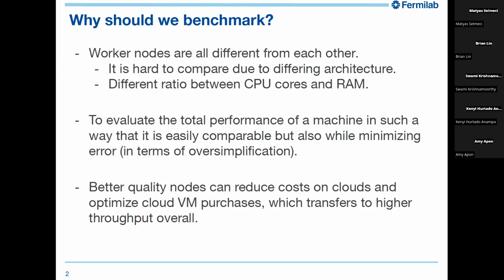You want to evaluate their performance in a way that is easily comparable, and minimize as much error as possible when benchmarking. Getting better quality nodes can reduce costs on these clouds and optimize purchasing of cloud VMs, which translates to higher throughput overall.